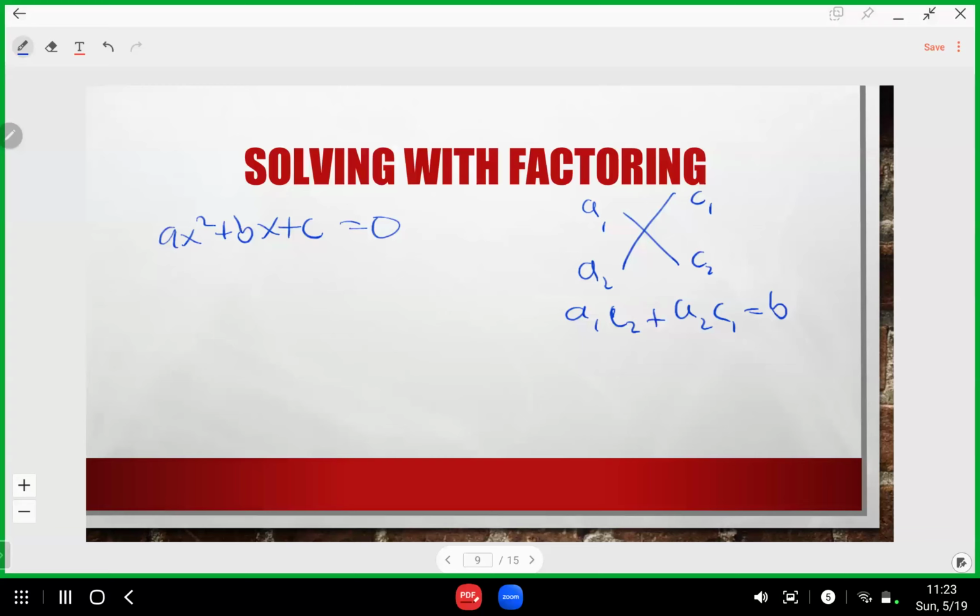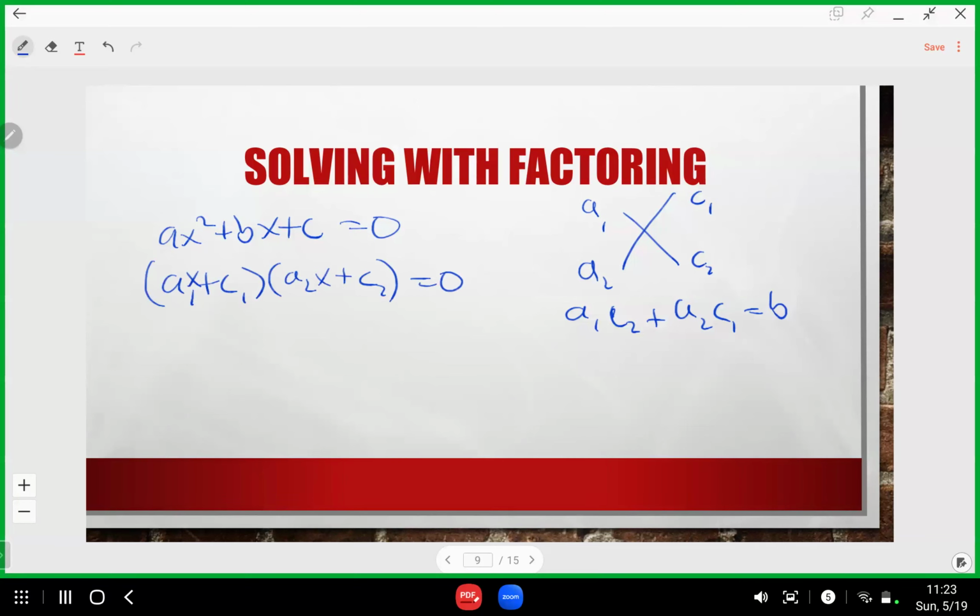And once you find the correct factors and the ordering of them, then you can factor it as (A1x plus C1) times (A2x plus C2), and that's equal to 0.